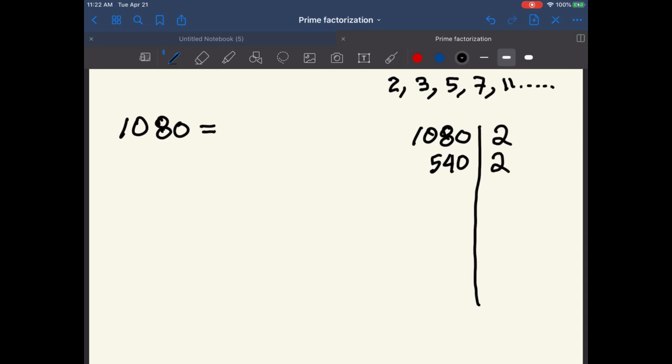I divide by 2 again, because it's divisible by 2, and get 270. And I divide by 2 because this number is divisible by 2, and it's going to be 135.